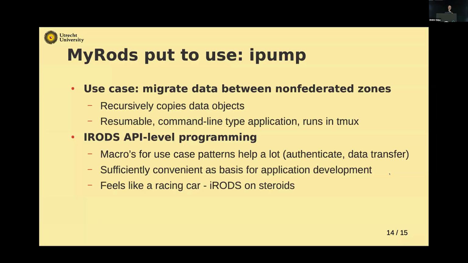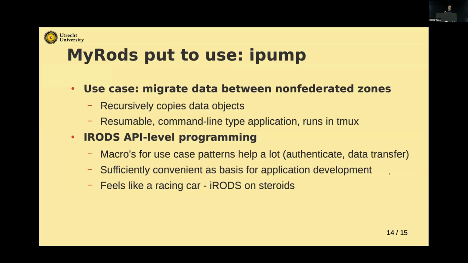So there was this prototype library, and we had plans to migrate our data to SURF, as SURF was doing the hosting, like was being told by SURF already. So I created a small application based on this library to actually put it to use and copy data objects across.